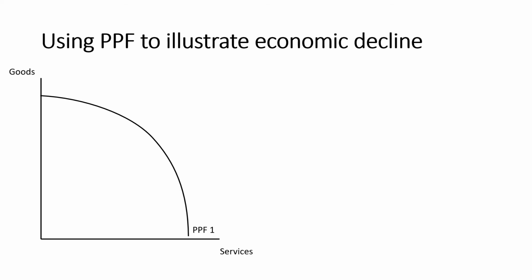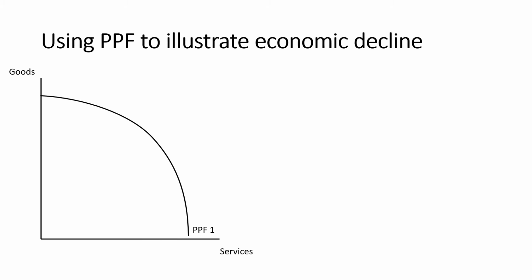So we can use production possibility frontier analysis to illustrate an economy that's declined. The starting point is an economy that can produce anywhere along PPF1, and something happens that either destroys the quantity or compromises the quality of this country's factors of production.